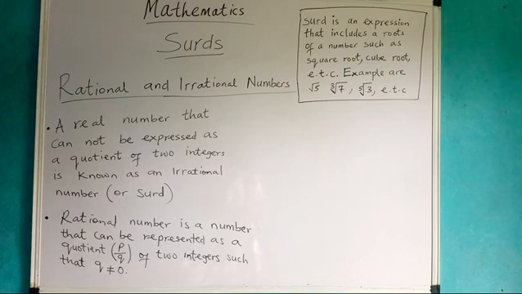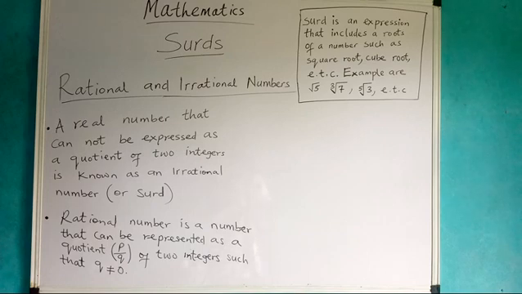A real number that cannot be expressed as a quotient of two integers is known as an irrational number. We can also call them surds, meaning any number that cannot be expressed in the form of a fraction or decimal fraction, when we are talking about decimals, either terminating or recurring.